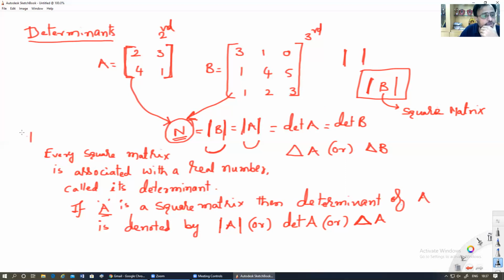But the definition of determinant is, you take any square matrix. This square matrix is always associated with some real number.